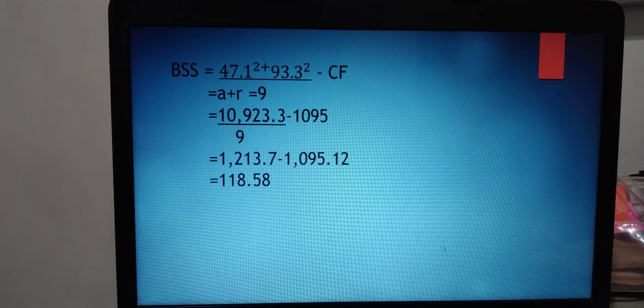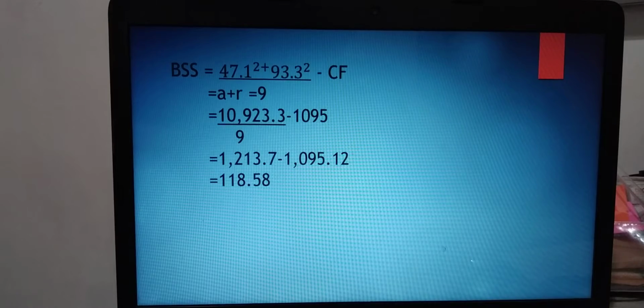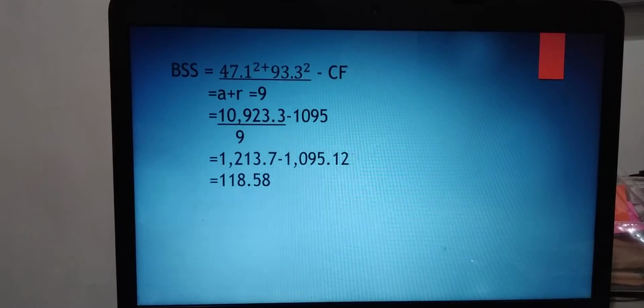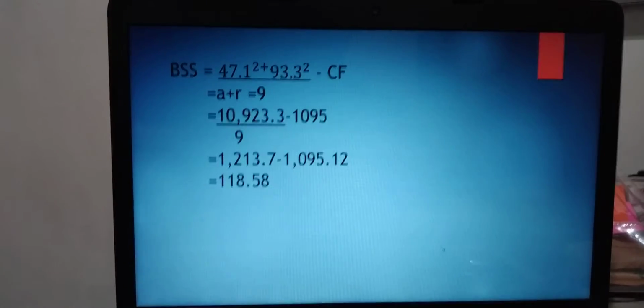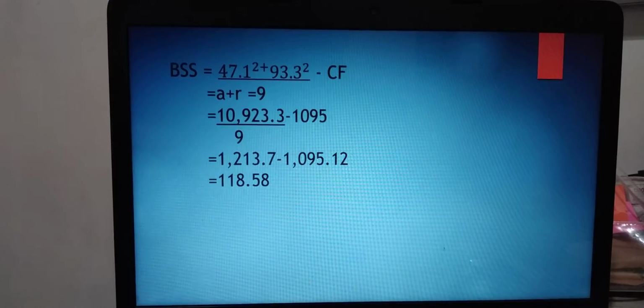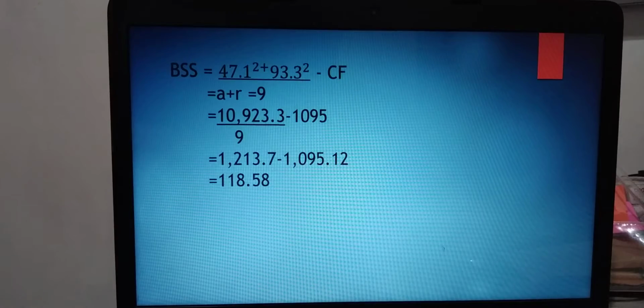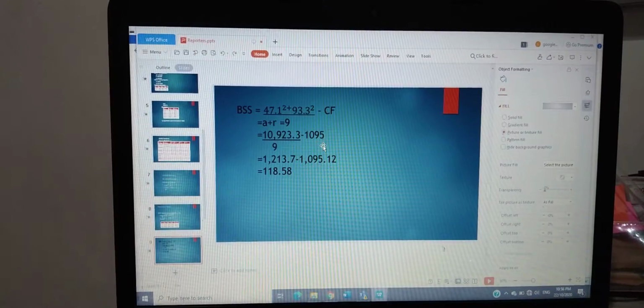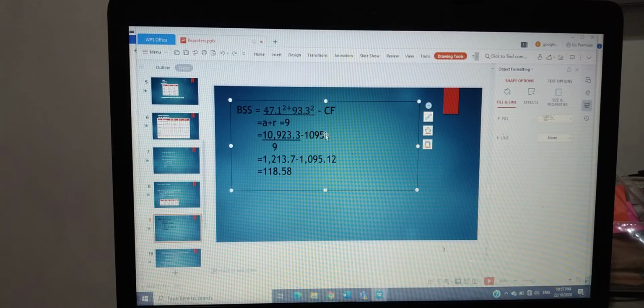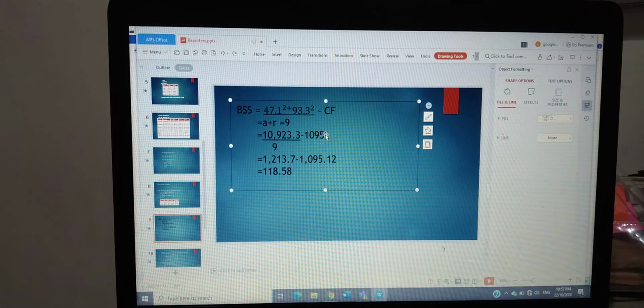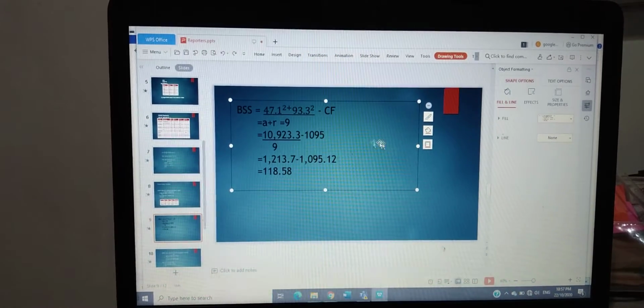And we had 10,923.3 divided by 9 minus CF, 1,095.12.